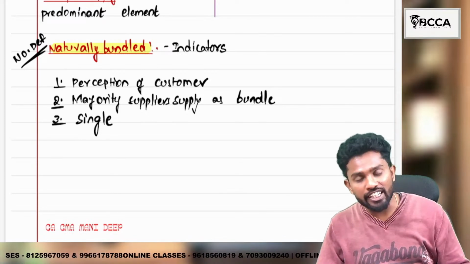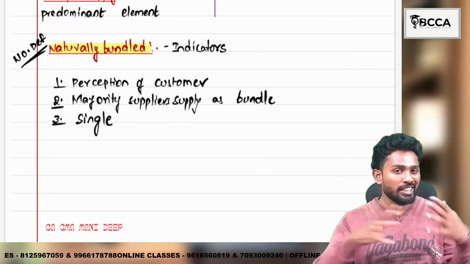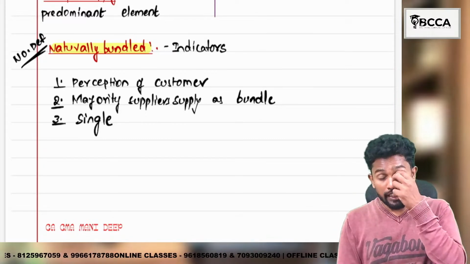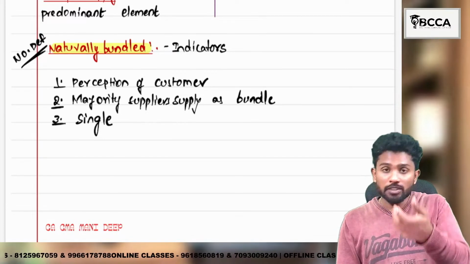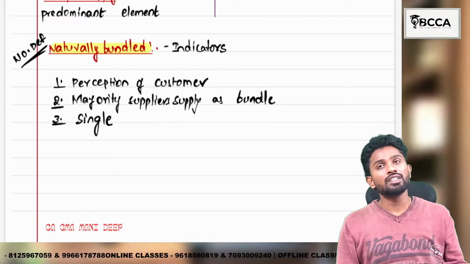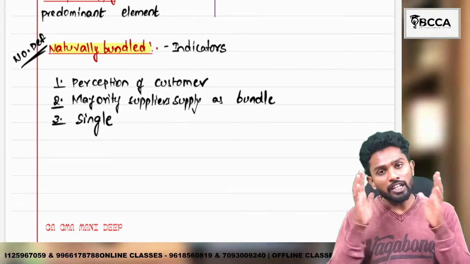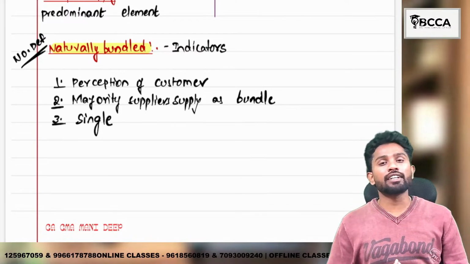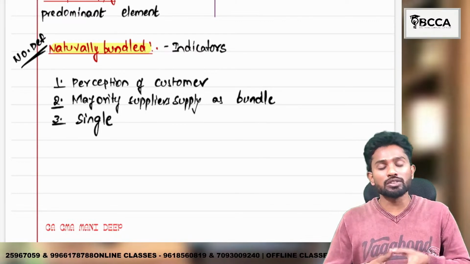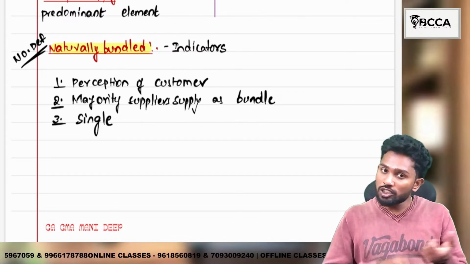Let's take an example of an air conditioner. In this era, if you buy an air conditioner, you are expecting that the store person will deliver it at your premises and install the air conditioner as well. Let's say you are paying 45,000 for an air conditioner, and in that 45,000 you are expecting the AC, delivery and installation. Which is predominant?